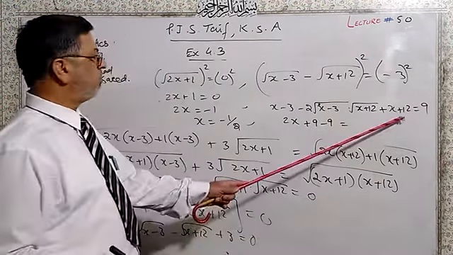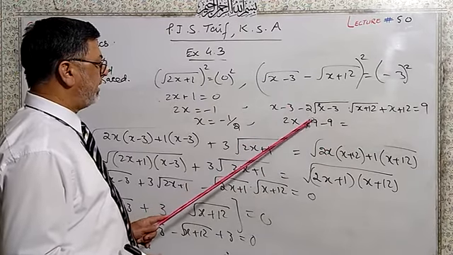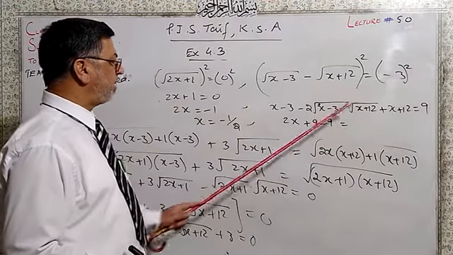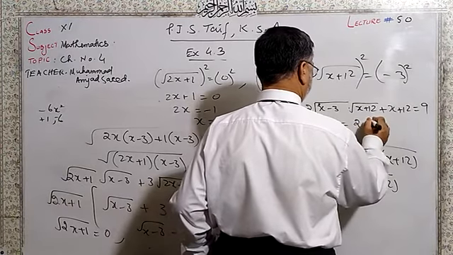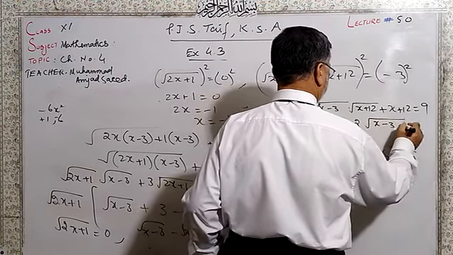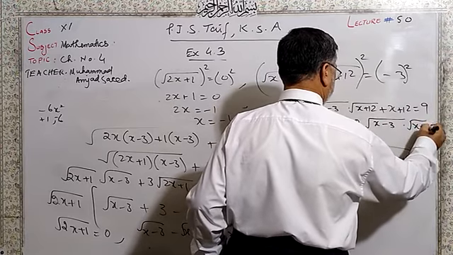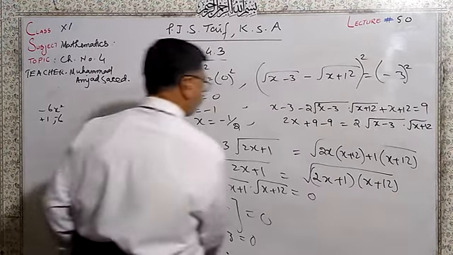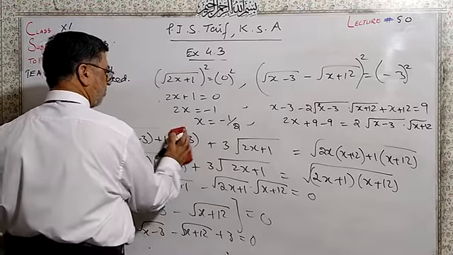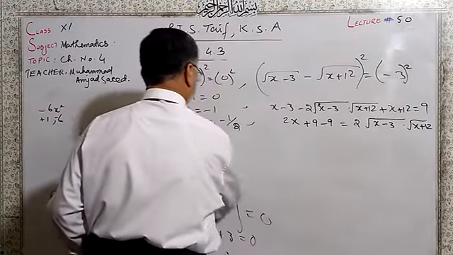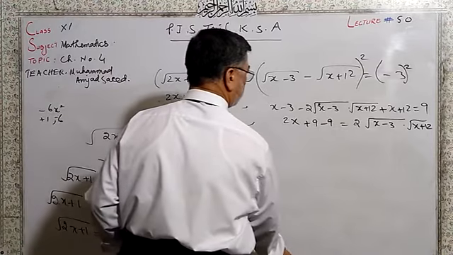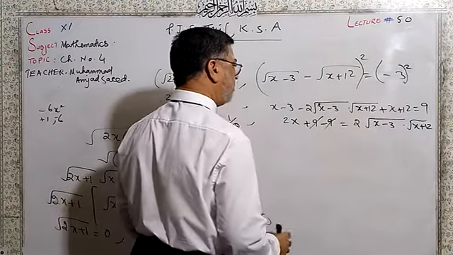Remember that 12 minus 3 is 9. And bring this 9 to the left hand side and we have 2 into root of x minus 3 into x plus 12. Yes, they are cancelled out.